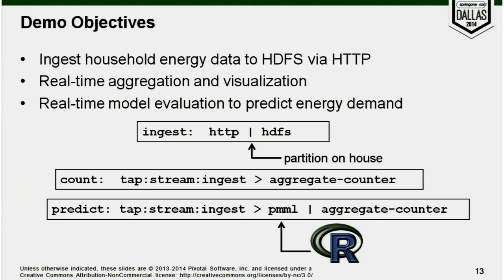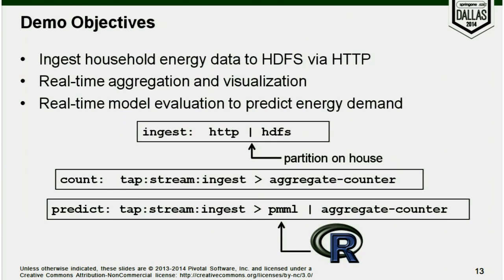Then we have a stream for counting, and basically it's taking the load and keeping a sum of the load and the averaging. And that's happening on buckets of every minute. The count is actually being determined on a per house basis, so we can split that up with a field value type counter.